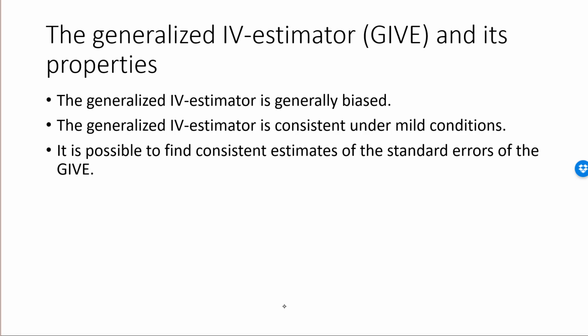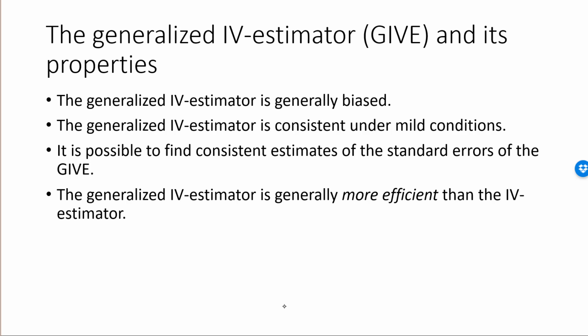There is also a method of finding consistent standard errors for the GIV. We will not get into that topic in this lecture. And finally, the important point. The generalized IV estimator is in general more efficient than the IV estimator. And it's also true that in general, the more instruments you have, the more efficient your estimator will be.